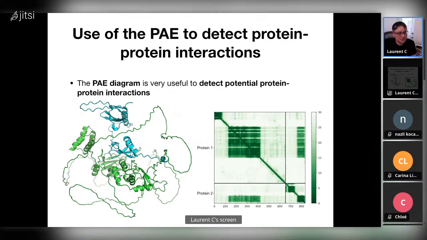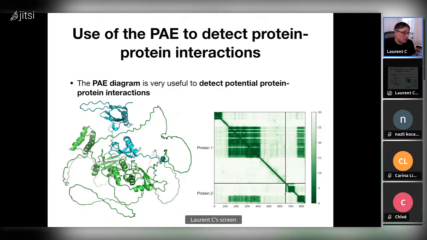If we do the prediction for a complex between two proteins, AlphaFold will generate a PAE diagram very similar to the one that would be generated if you have only one protein, except that here you can look at those two quadrants that inform you whether you have an interaction between your first protein and your second protein.